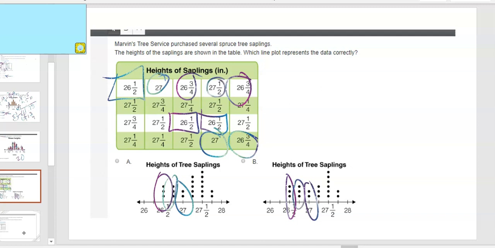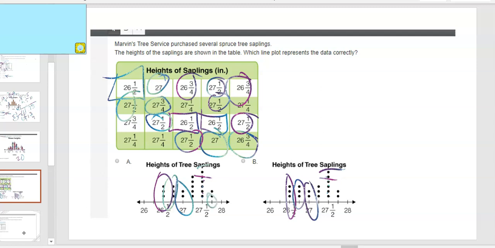27 1/2 has 1, 2, 3, 4, 5. There must be one I missed. Oh, there's 6. So that doesn't help either. 27 3/4 has 1. That would be here.